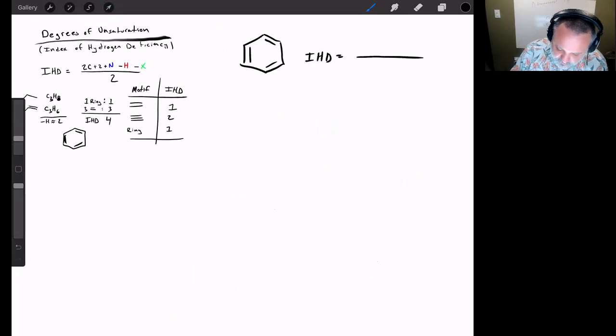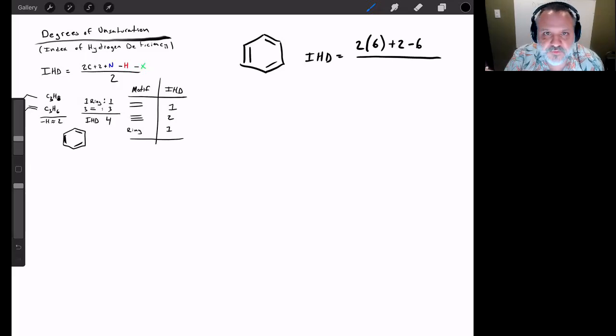Well, it's 2 times the number of carbons, which in this case is 6, plus 2, plus the number of nitrogens, which is 0, so I'm not going to add that, minus the number of hydrogens, which is 6, minus the number of halogens, which we don't have any, so that's going to be 0. I'm not going to add that. And then we're going to take everything, we're going to divide it by 2.